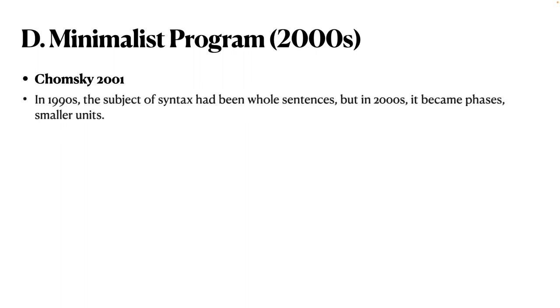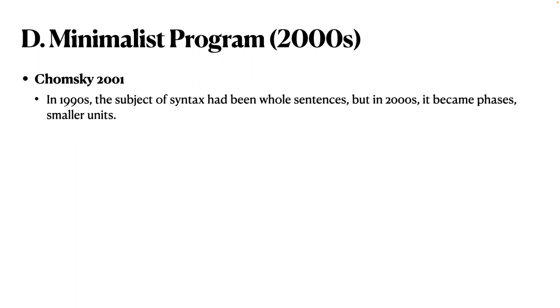After the advent of the minimalist program in 1995, it has undergone another change since Chomsky 2001. In the 1990s, the subject of the theories under the minimalist program was the whole sentence, but in Chomsky 2001, it changed to a smaller unit called phase.